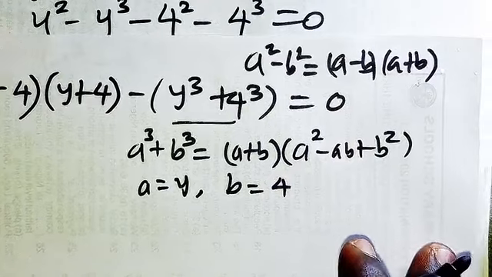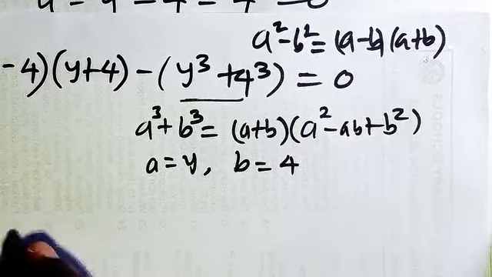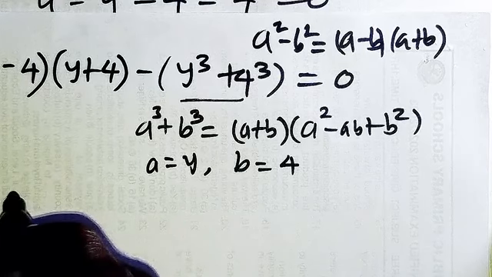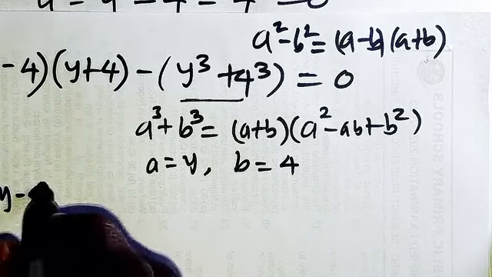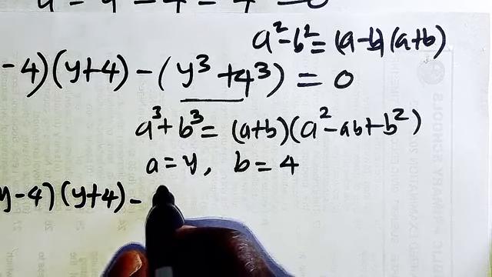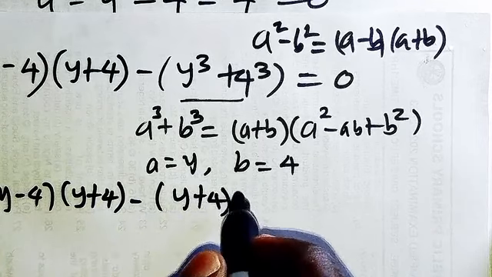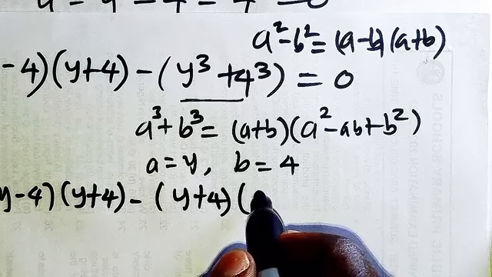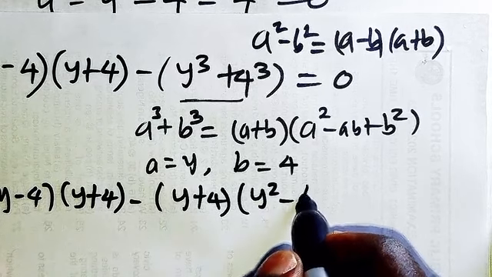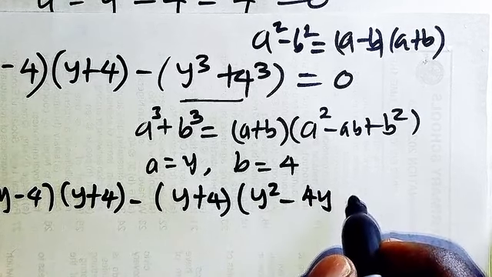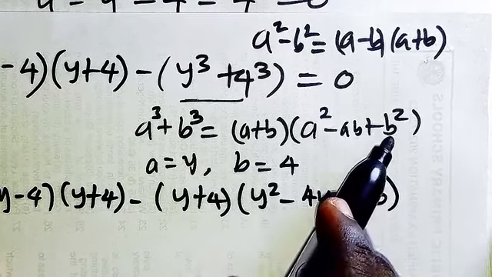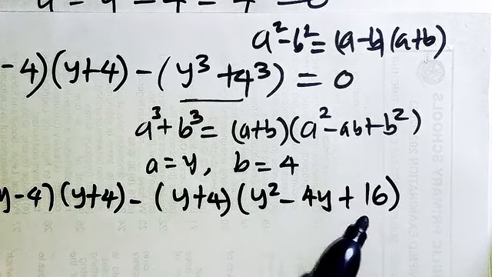So the next thing you're going to have is (y minus 4)(y plus 4) minus (y plus 4)(y squared minus 4y plus 16), because b is 4, and 4 squared gives us 16.